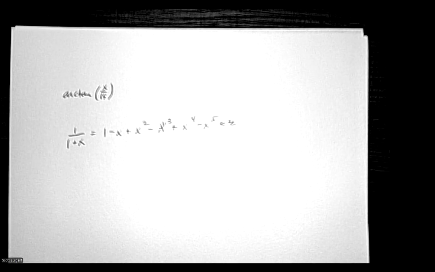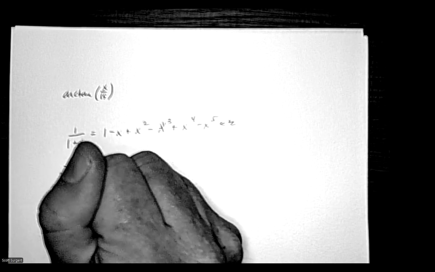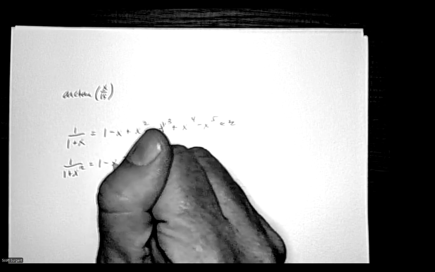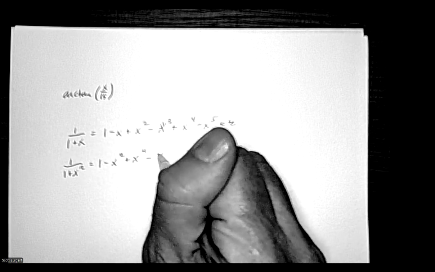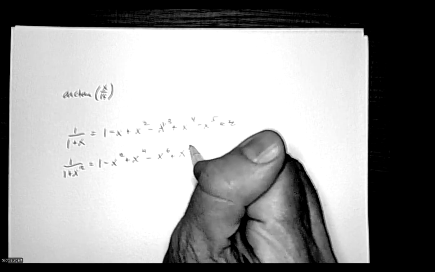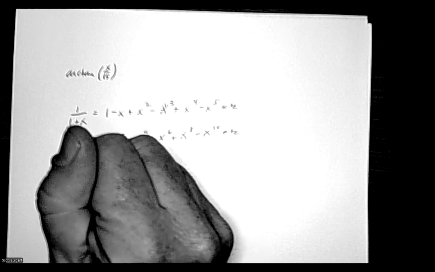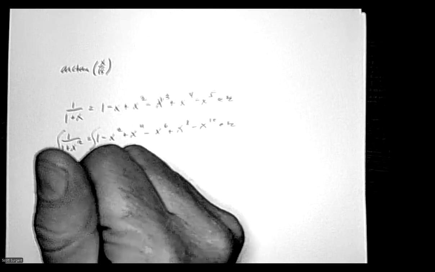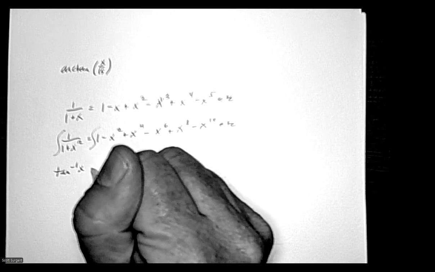And then what I do, normally if I replace x with x squared, that makes all these powers double. And then when I integrate, I have a generic formula for the arctangent.